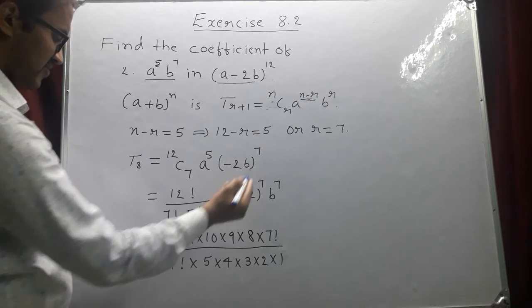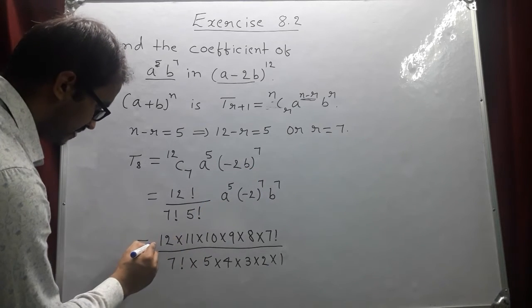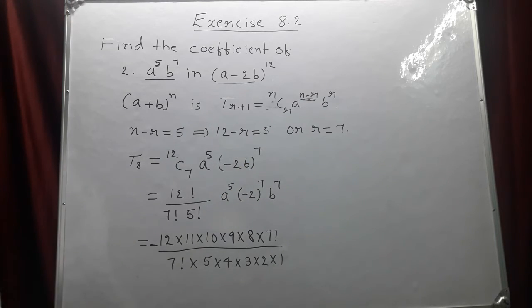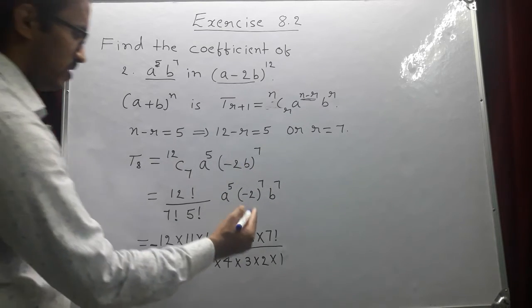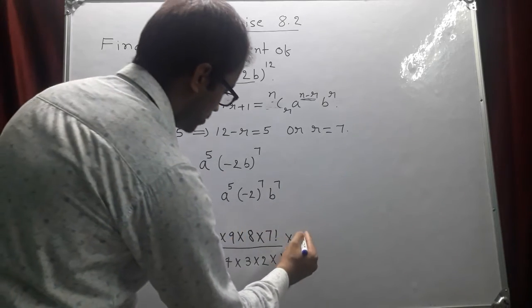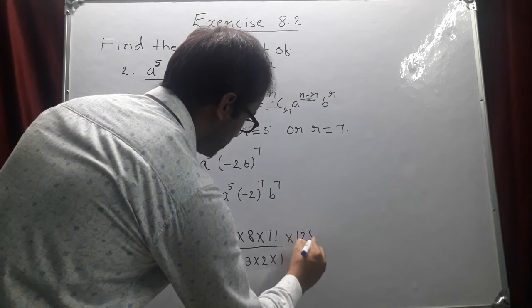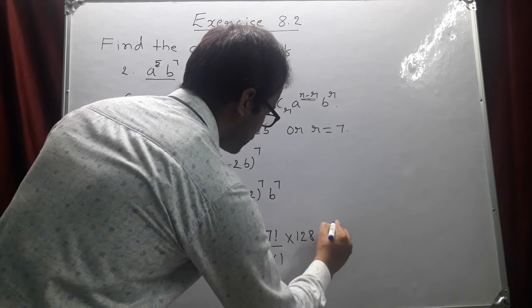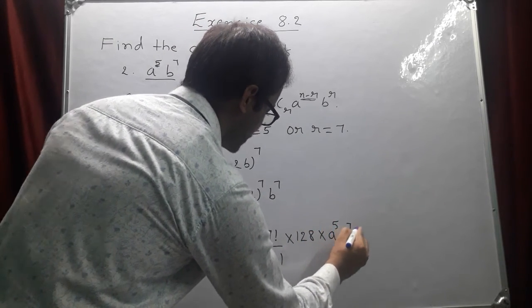So minus 1 power 7 means minus, and 2 power 7 is 128, into a power 5 b power 7.